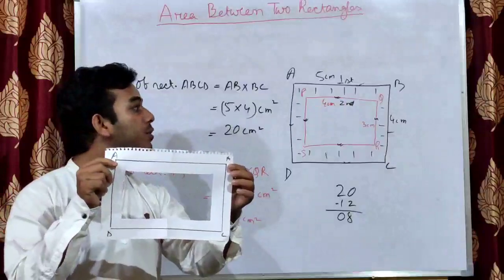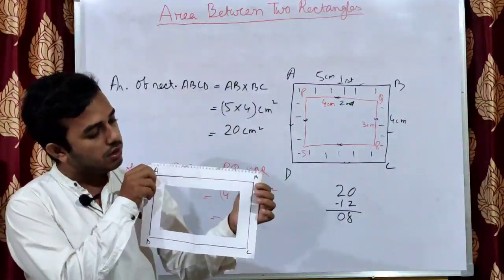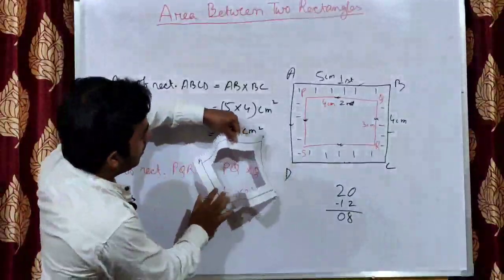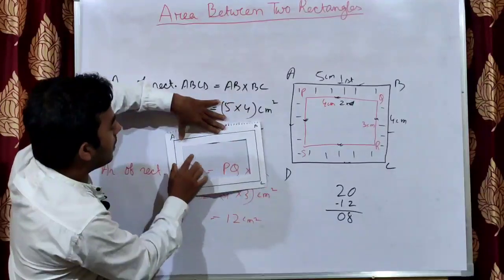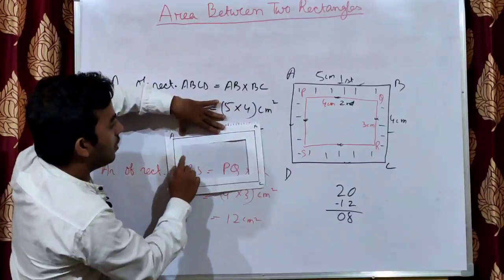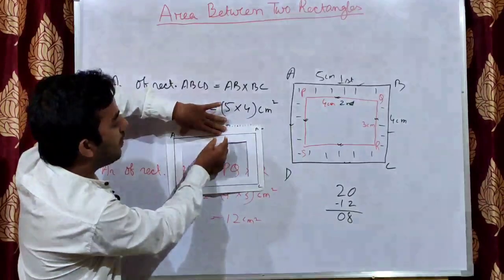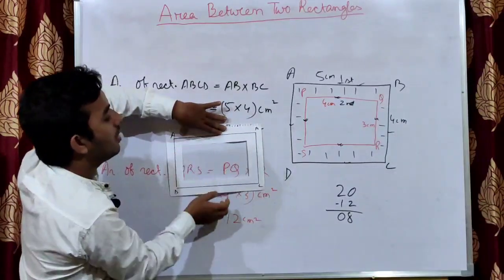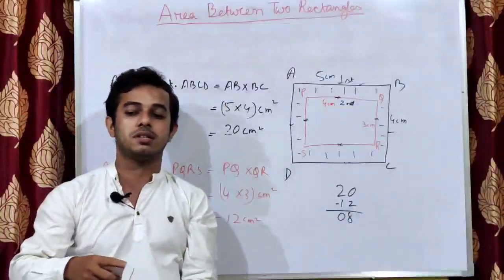Look here, I have removed the smaller rectangle PQRS, and the remaining portion is the area between both the rectangles. We have to find this region in today's class. How we will find this region, we shall discuss.